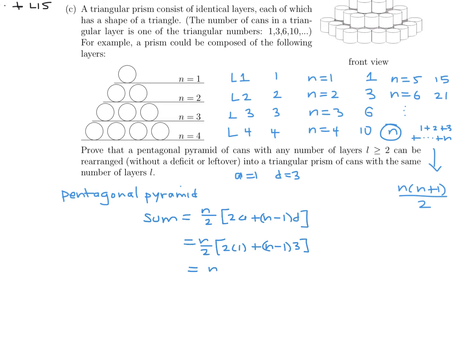So that looks like n over 2 times 2 plus 3n minus 3. So that's going to be 3n minus 1 times n over 2. And that is 3n squared minus n over 2.